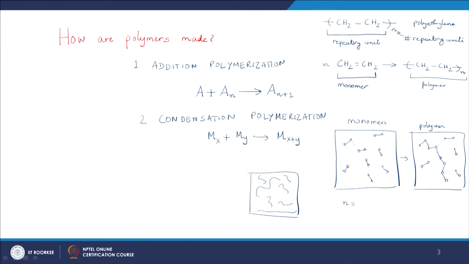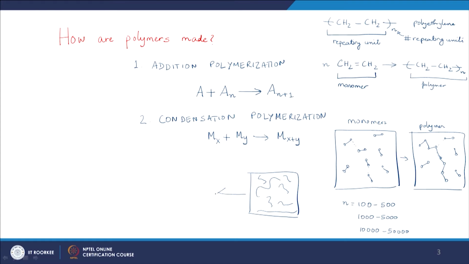So, for example, n can be 100 to 500, or 1000 to 5000, or 10,000 to 50,000, or any other range, right. The key point here is that whenever we try to control or do this polymerization process, we never have a precise control on the molecular weight or the number of repeating units.